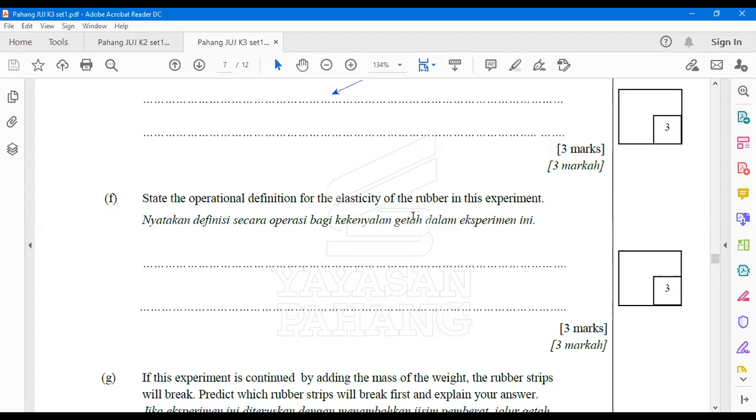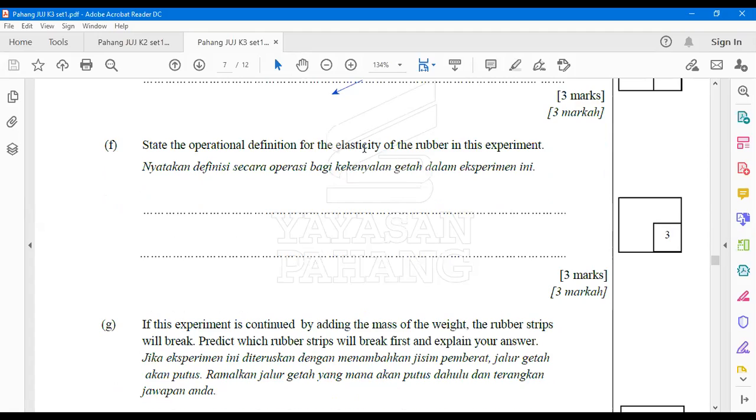State the operational definition for the elasticity of rubber in this experiment. Before we can state the operational definition, I want to know which rubber strip is more elastic. Everyone knows that it is the vulcanized rubber S, right?